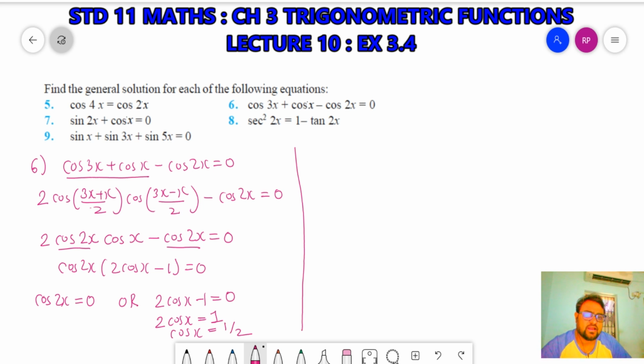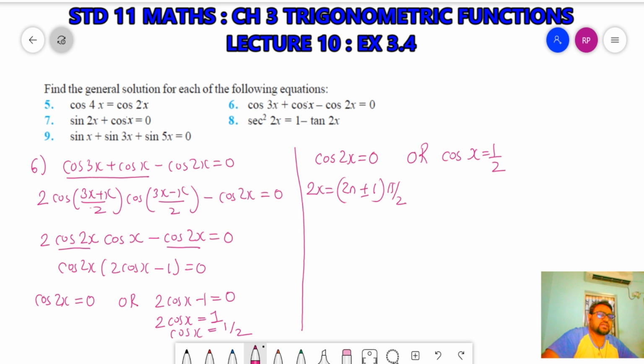So I got either cos 2x is equal to 0 or cos x equal to 1 by 2. Now when does the value of cos is 0? We have already discussed this. It is 2n plus minus 1 pi by 2. So this implies 2x is equal to 2n plus minus 1 pi by 2.